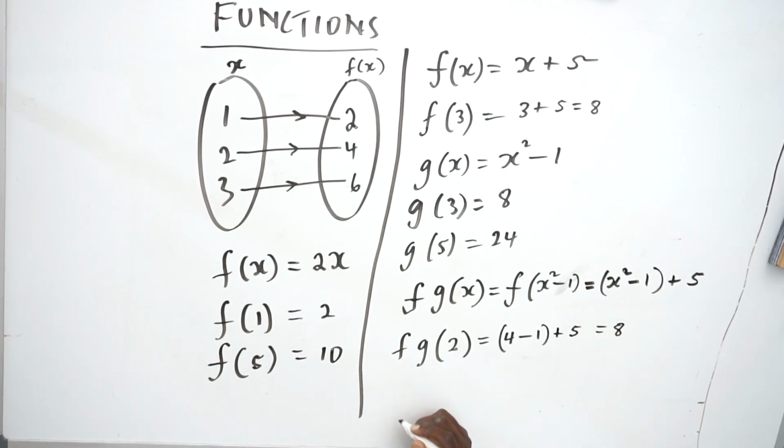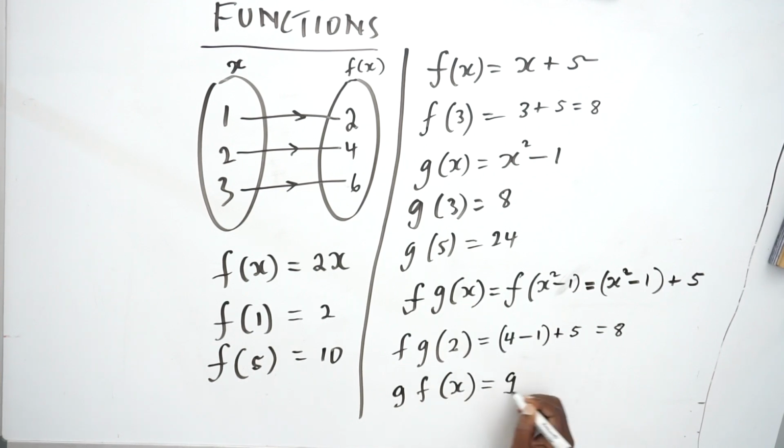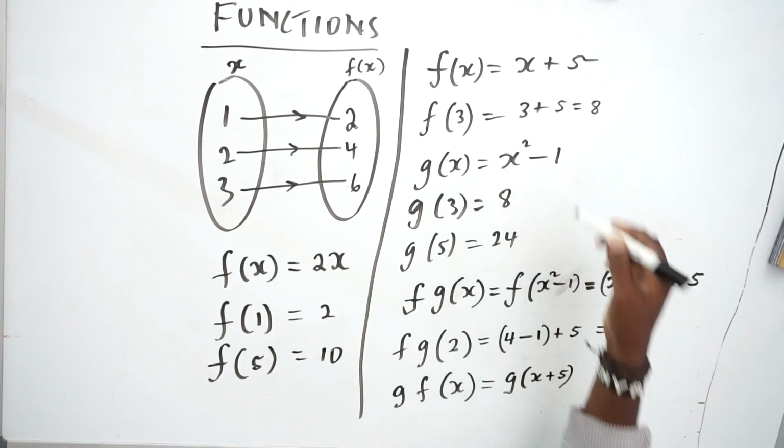If we reverse the processes, instead of fg, we now have gf of x. Now, g will act on what f of x has done. So g acts on x plus 5. Now g is squaring, taking away 1.